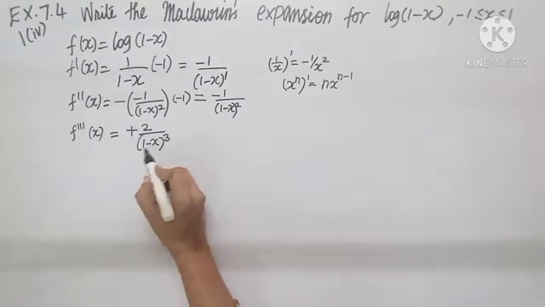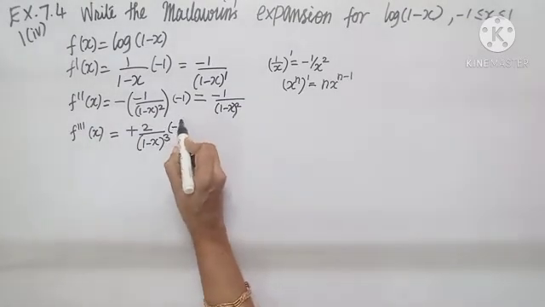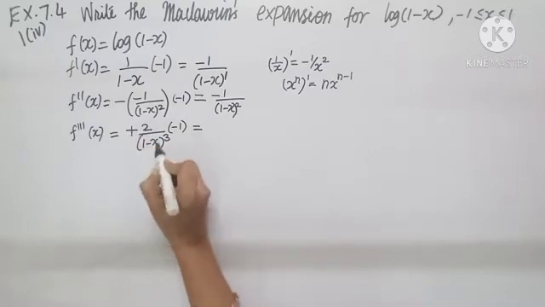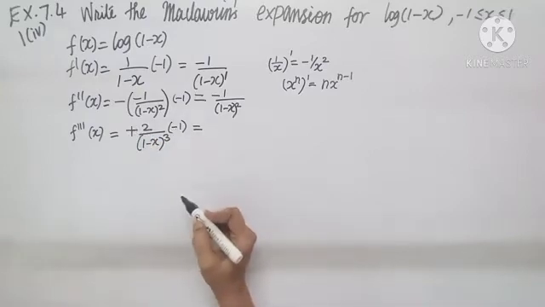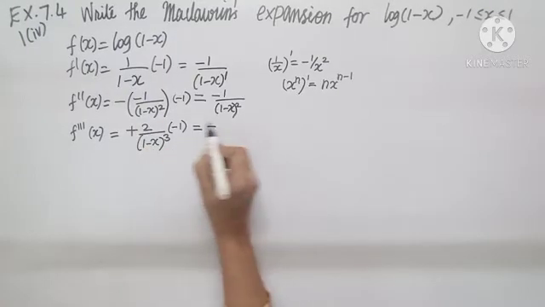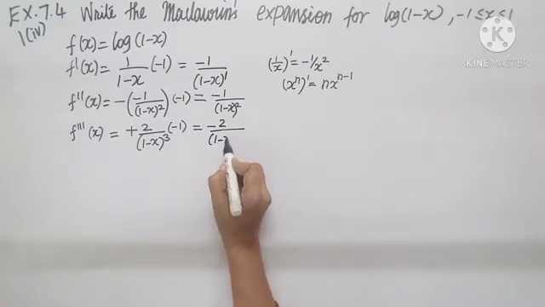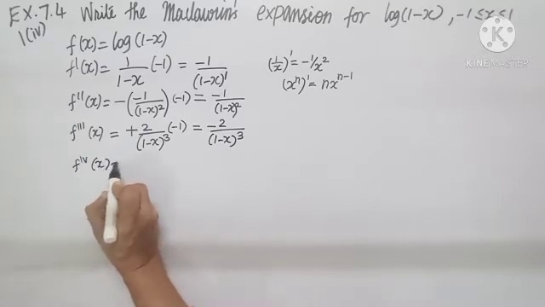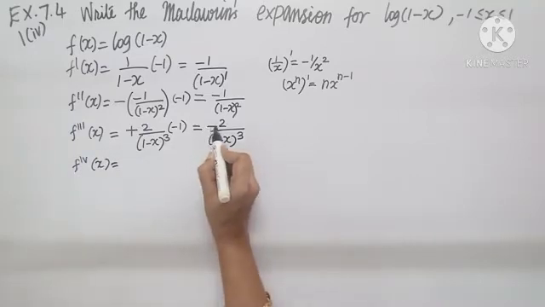But 1 minus x comes, so my answer will become minus 1. Whenever minus x is coming, after applying the formula, put this minus 1. Chain rule. So plus into minus, minus: 2 by 1 minus x the whole cube. What is the next derivative? Again, it is minus.